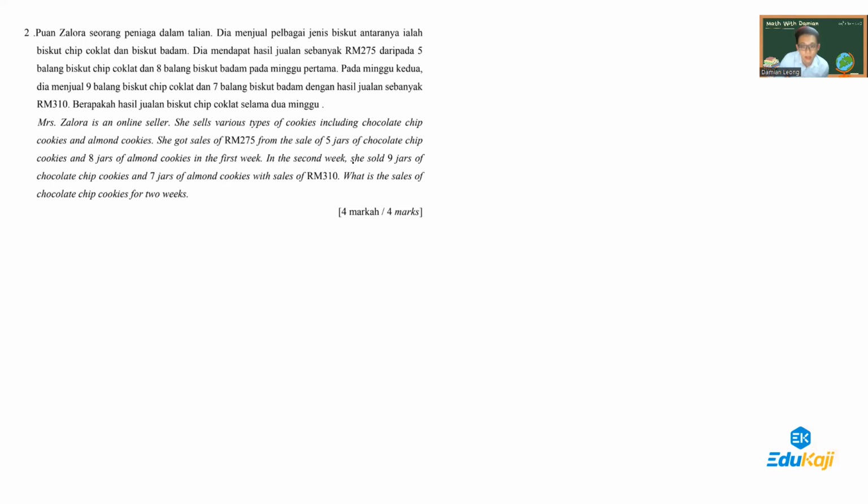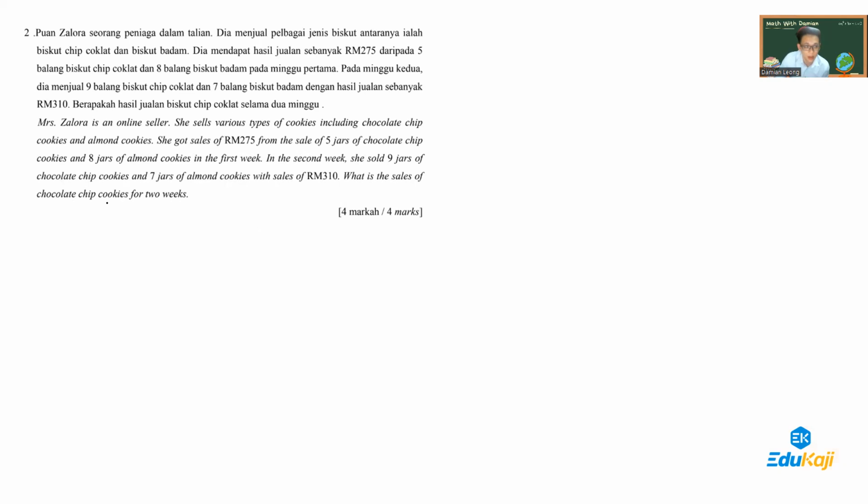In the second week, she sold 9 jars of chocolate chip cookie and 7 jars of almond cookies with sales of 310 ringgit. So what is the sale of chocolate chip cookie for 2 weeks? That means how much they get for the sales of the chocolate chip cookie.